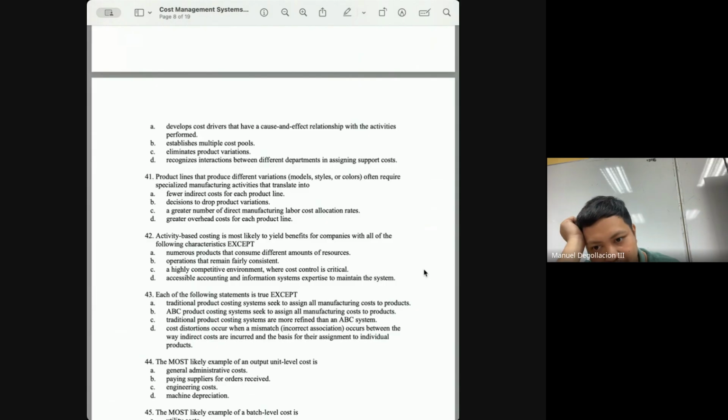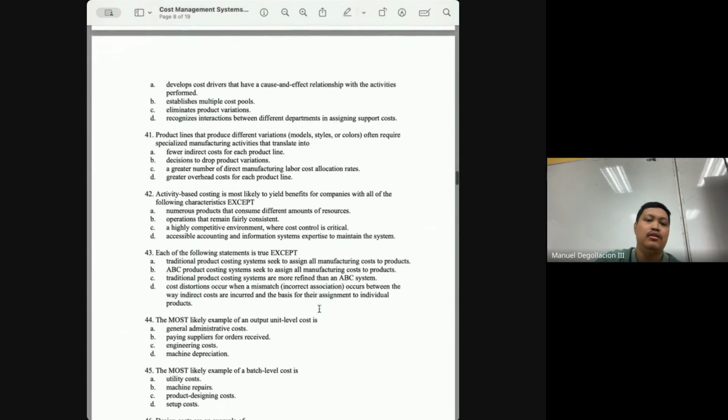A greater number of direct manufacturing labor cost allocation rates? No. Answer here would be greater overhead costs. Specialized products, you will have greater overhead cost. Answer for 41 is delta.